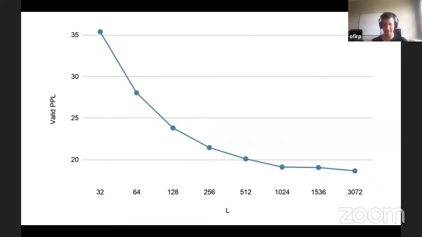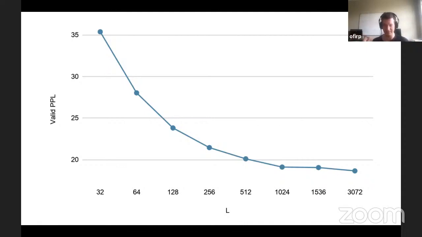So what we did here is we trained 8 different language models on different input sequence lengths. One of these language models was trained on 32 input tokens. Some of them were trained on 1,500 or more.